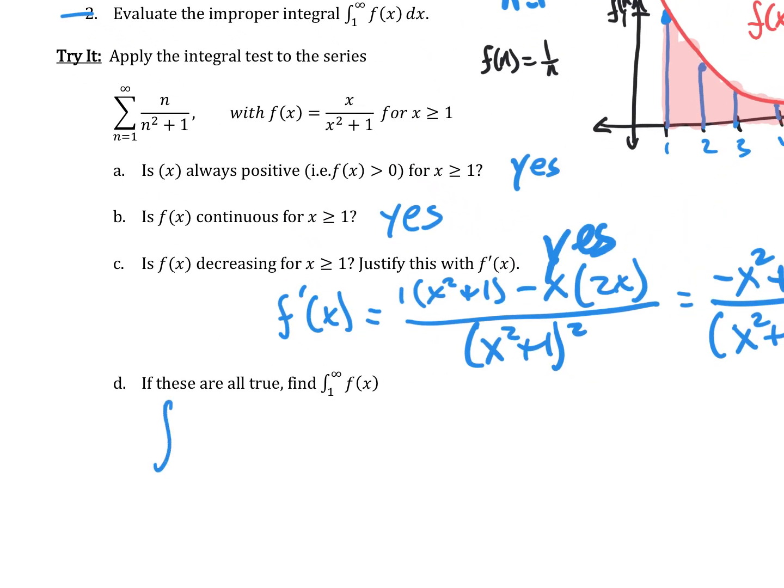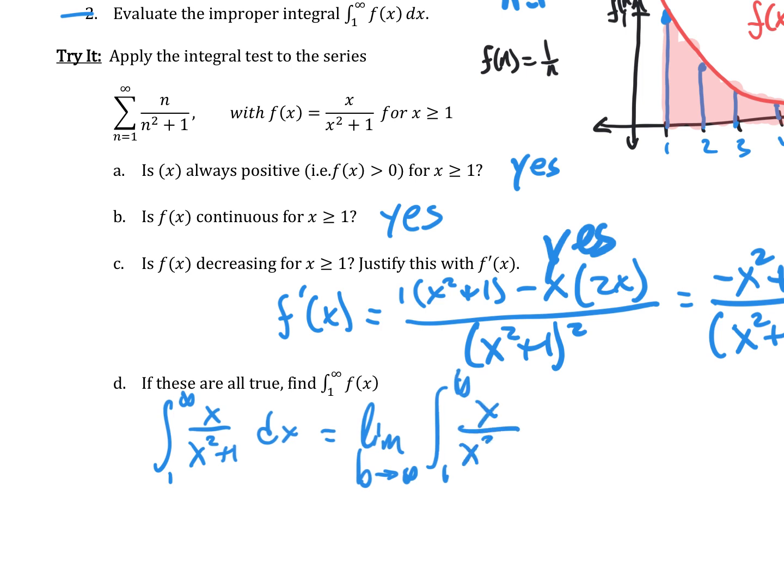So we're going to do the integral from 1 to infinity of x over x squared plus 1 dx. So this is the limit as b goes to infinity of the integral from 1 to b of x over x squared plus 1.